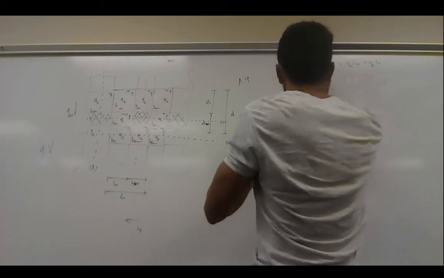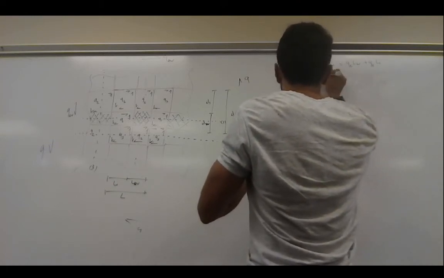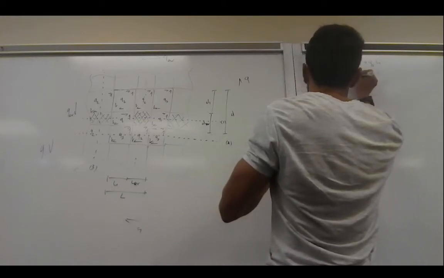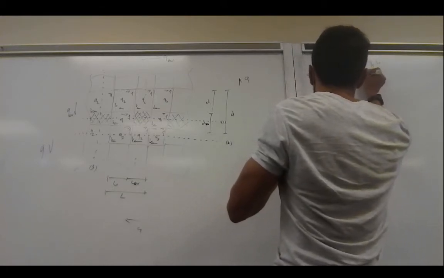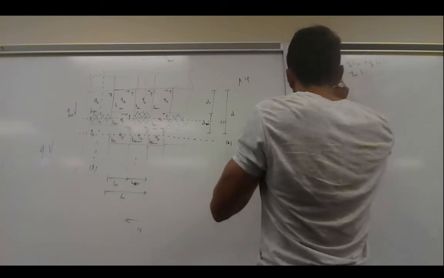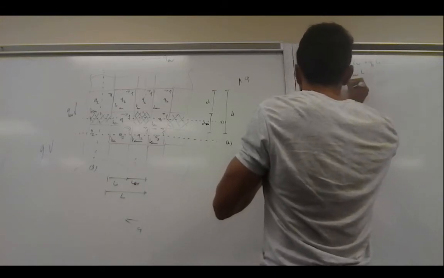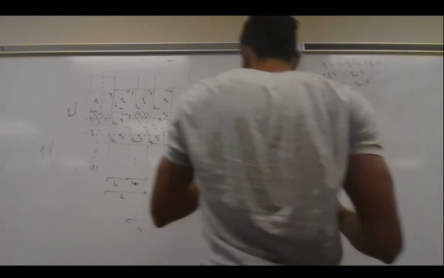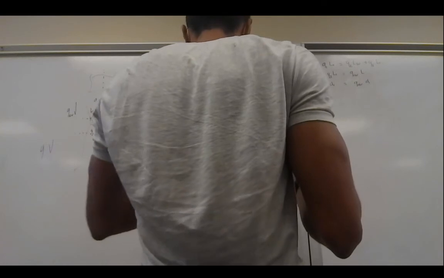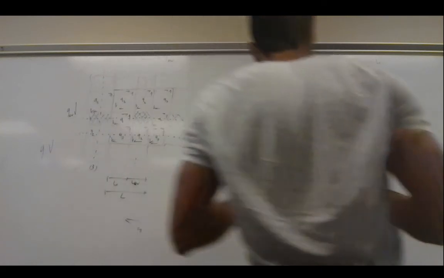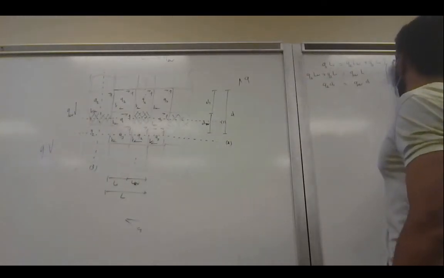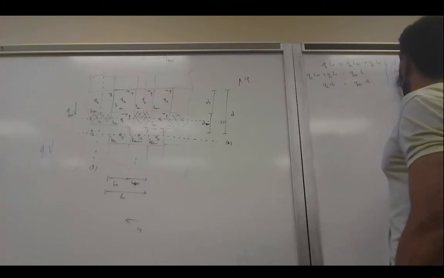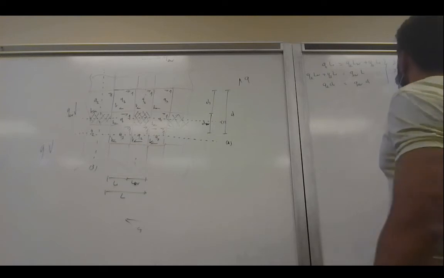We had given Q2 LW plus Q3 L1 is equal to Q average times L. And we had given Q2 times D1 is equal to Q average times D. So in this case we have 3 equations, 3 unknowns, so we can solve it.